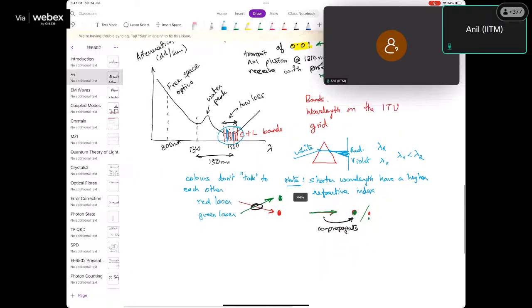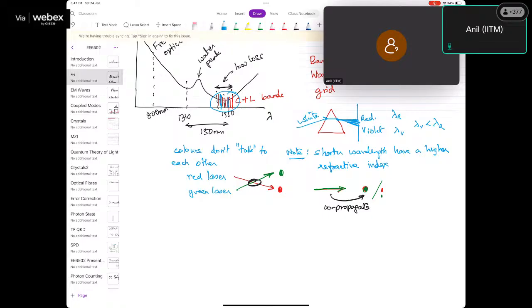Why is that good for us? Well, if I want to build a quantum communication network, if I want to have a whole band of these and I have individual wavelengths, I can choose one of these as the quantum and I can choose one of these as the classical. So this could be lambda 1 and this could be lambda 2.